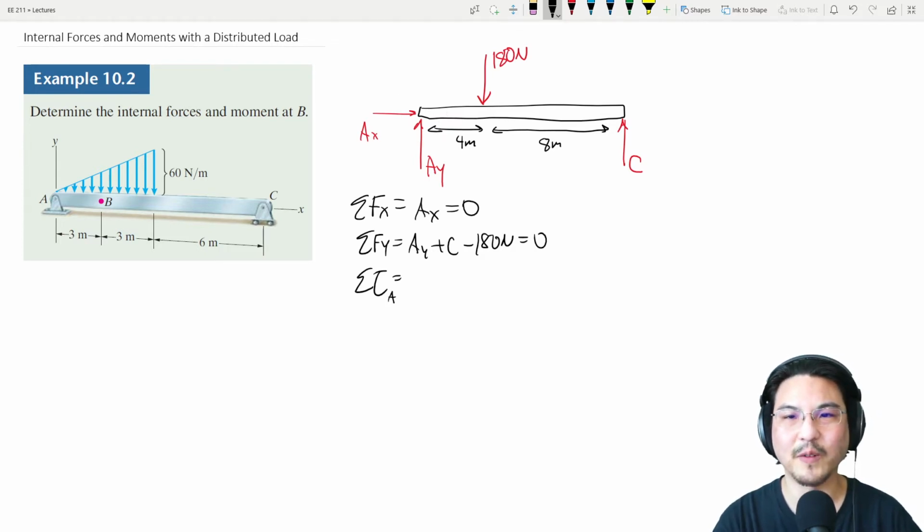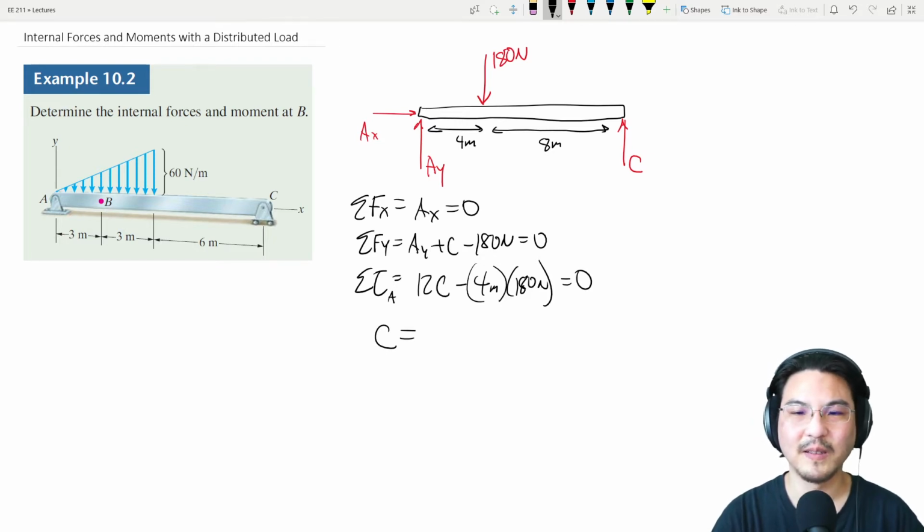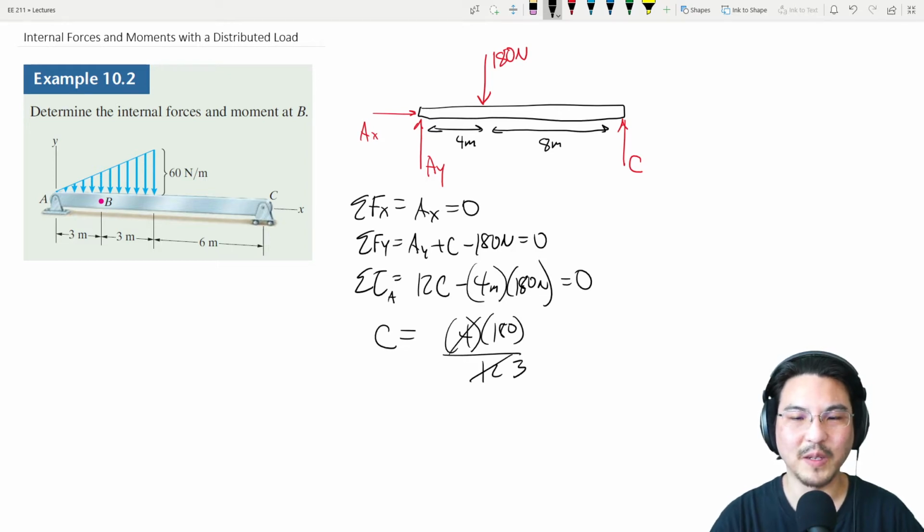Okay, so there's torque from C, so that's 12 meters times C minus 4 meters times 180 newtons. Okay, so C is 4 times 180 over 12. So 180 over 3 is 60.